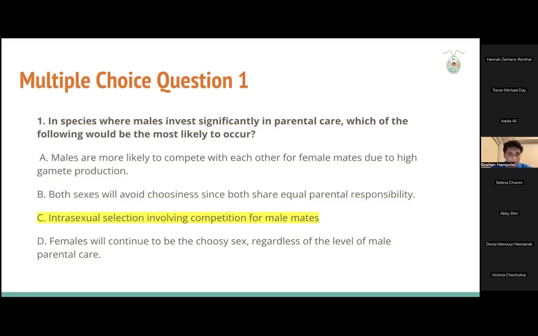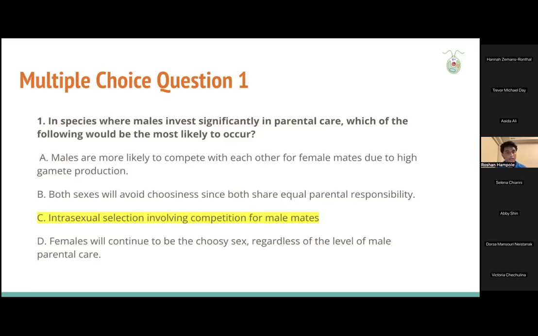Then next with B, both sexes will avoid choosiness since both share equal parental responsibility. That just goes against what the question said because the male has more parental responsibility. C is true: intrasexual selection involving competition for male mates. Because the males are invested in parental care, it is feasible that we find intrasexual selection where females compete for male mates.